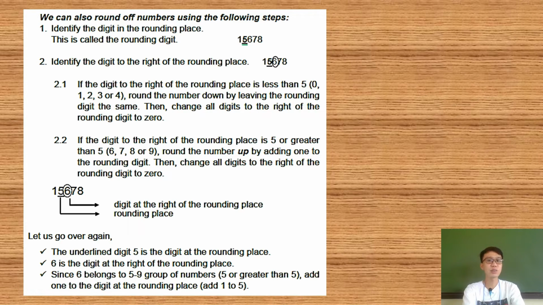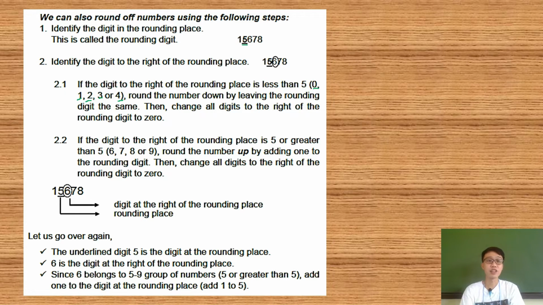If the digit to the right of the rounding place is less than 5, 0, 1, 2, 3, or 4, round the number down by leaving the rounding digit the same. Then change all the digits to the right of the rounding digit to 0.